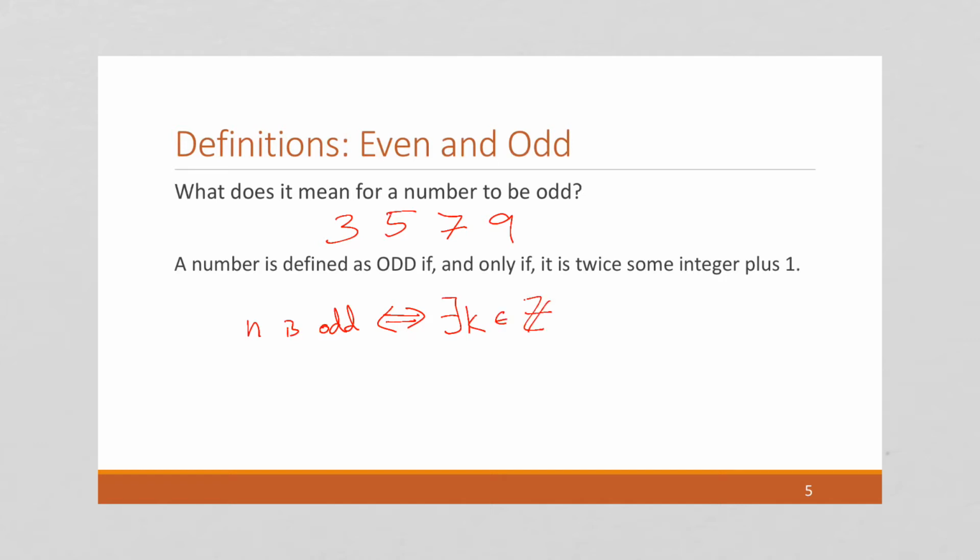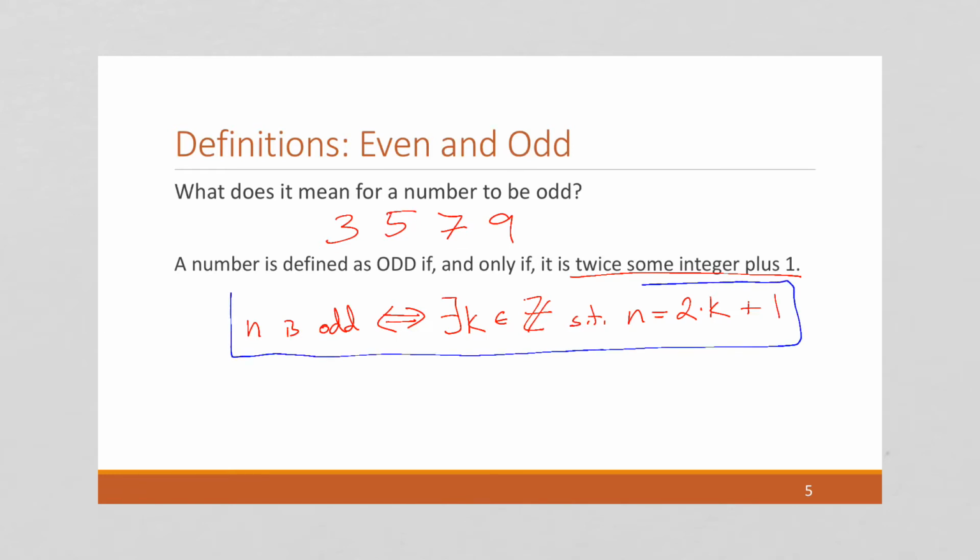There exists an integer k such that n equals 2 times k plus 1, so that this is twice some integer plus 1. If you think about it, another way of defining odd would be to say it is equal to any even integer plus 1. That's really what we're saying here.